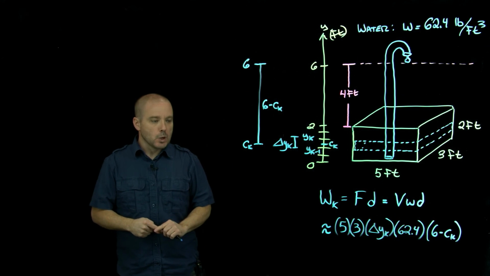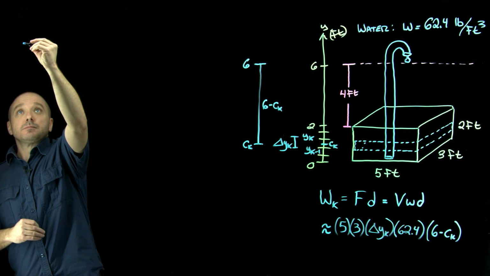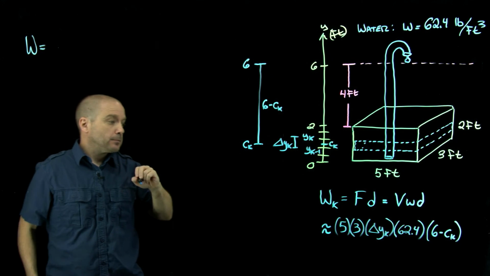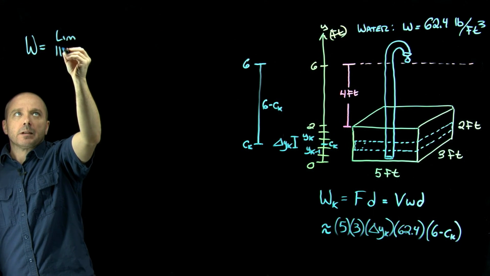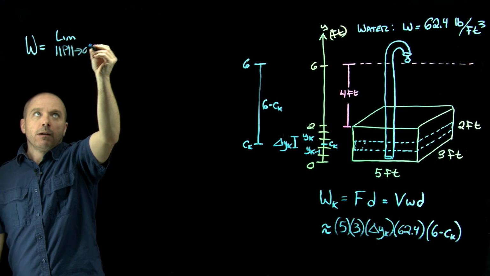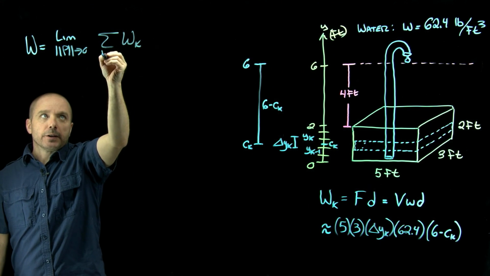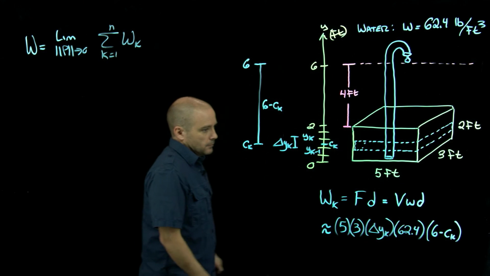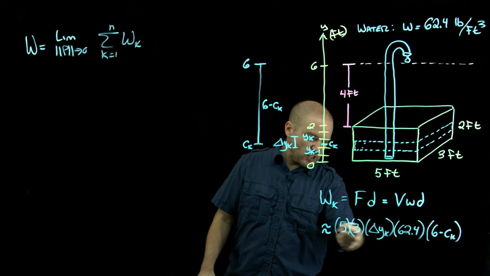Okay, so let's set up our integral. It's going to become exact when we let the norm of our partition go to 0 of the sum of all those little bits of work. And that's the expression there.